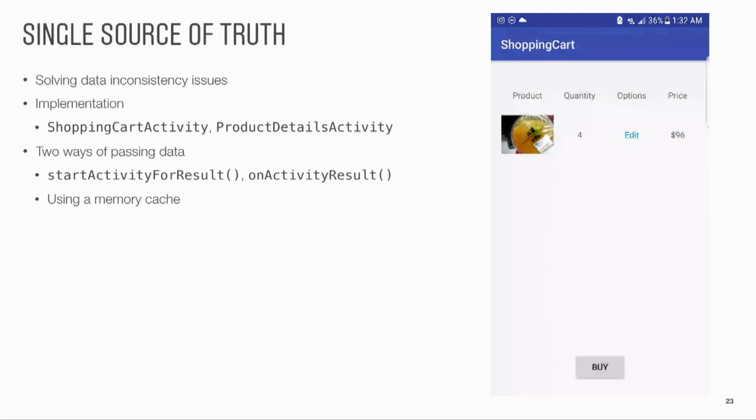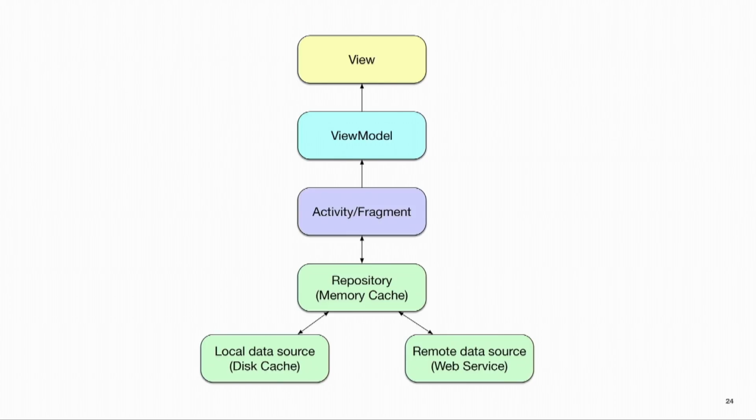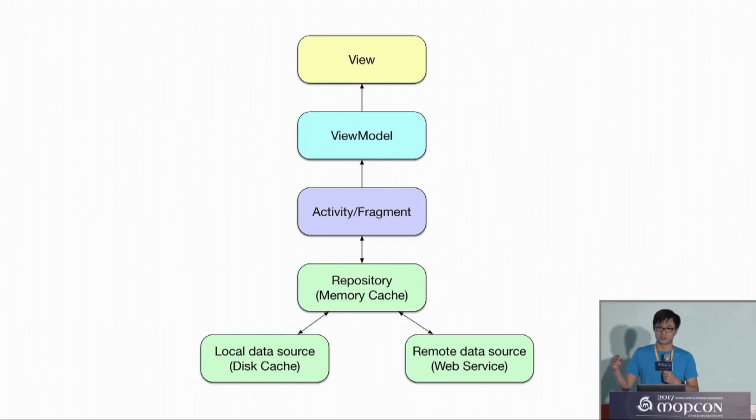There are 2 ways to implement this. One way is to use start activity for result and use activity result to pass the quantity back. But that means you have multiple copies of the data, and they can easily get out of sync. Another way is using a memory cache, like this graph here. The green parts, there's a repository that's the single source of truth.